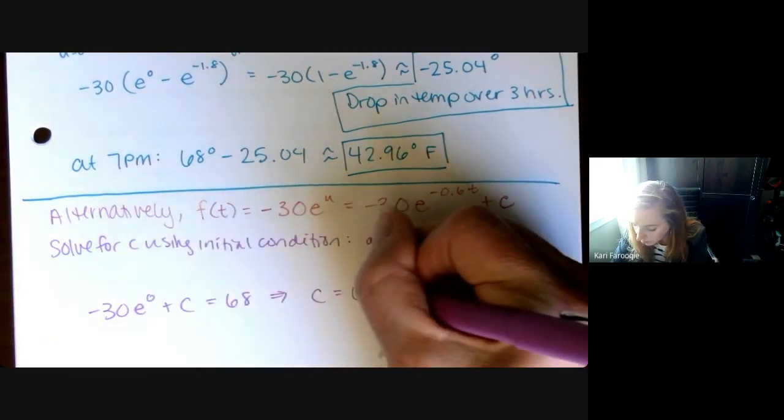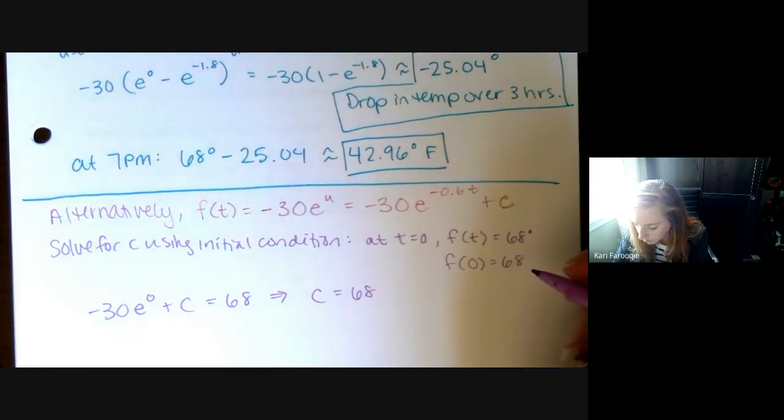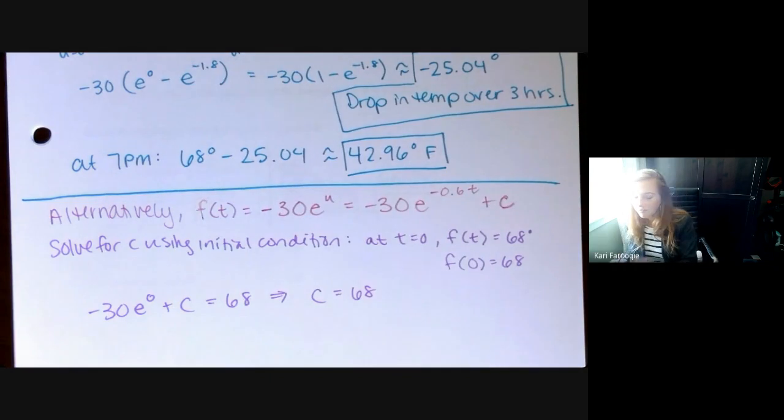So c is 68. Why don't I have this as negative 30? Oh, you know why? Oh no. It's because I used my special property and switched the limits. Guys, I've got myself into a pickle now.